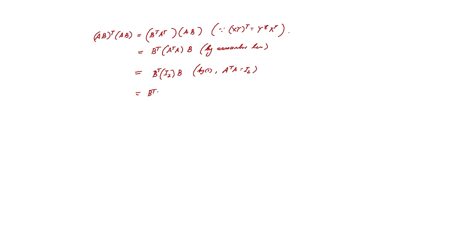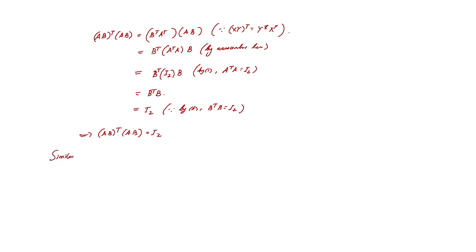And that will be B transpose B. And this will be again identity, since by 2, B transpose B is also identity. So that means AB transpose AB equals identity.